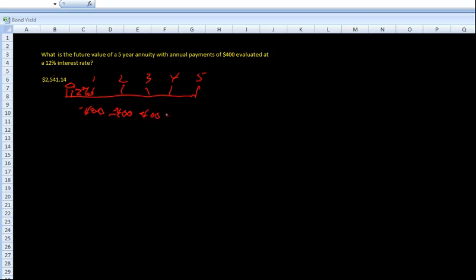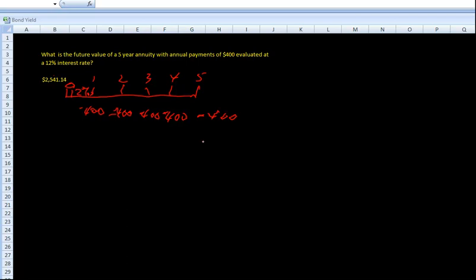I'm trying to write a little small because I want to save some space. And let me erase this. Yeah, if I write bigger you can see it better, but it's hard to write tiny.